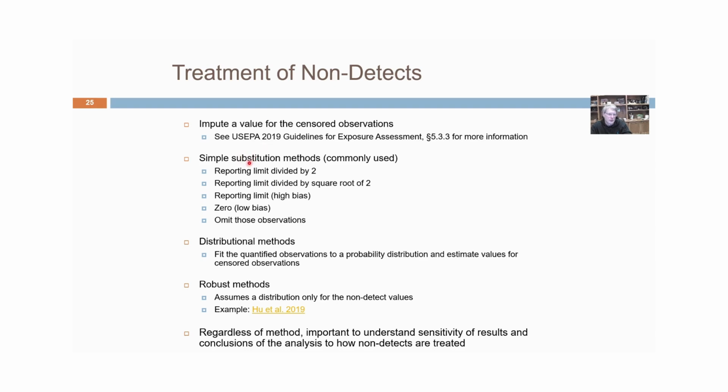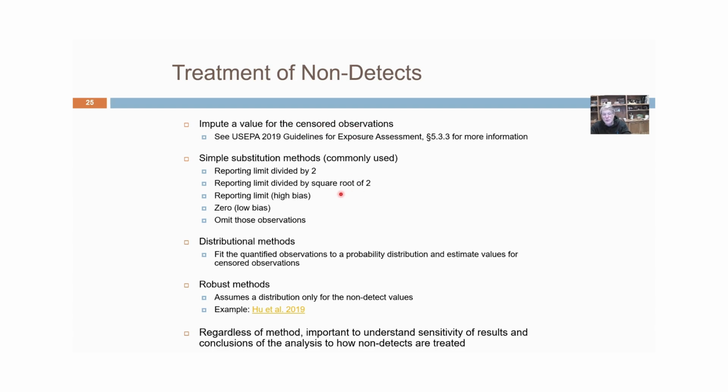That document describes three basic approaches. One is termed simple substitution methods, and these are commonly used, I can tell you, in practice. Perhaps the most commonly used imputation method is to simply divide the reporting limit by 2 and use that value as the imputed amount or concentration for each censored observation.